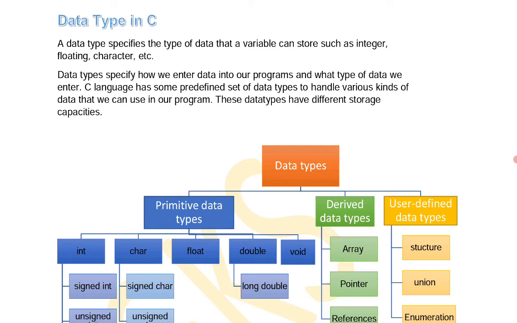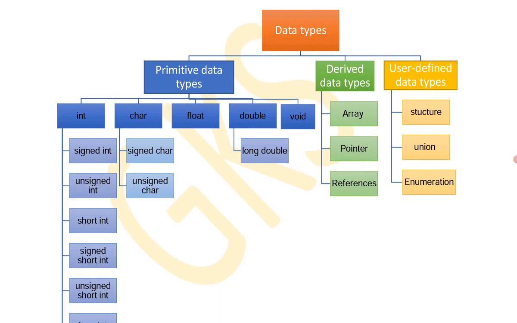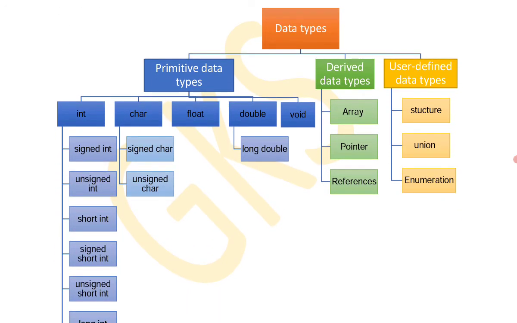Basically there are three types of data types. First one is primitive data types or primary data types. Second one is derived data types. Third one is user defined data types. So what are the primary data types, derived data types, and user defined data types?